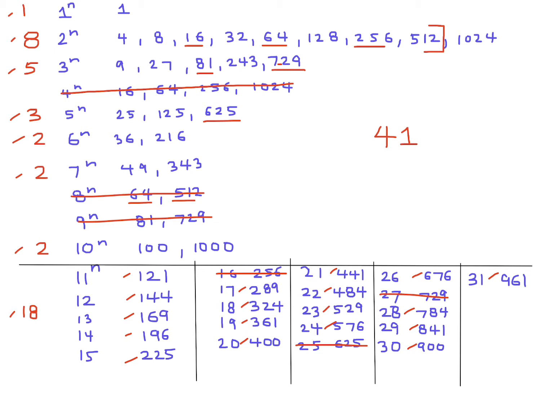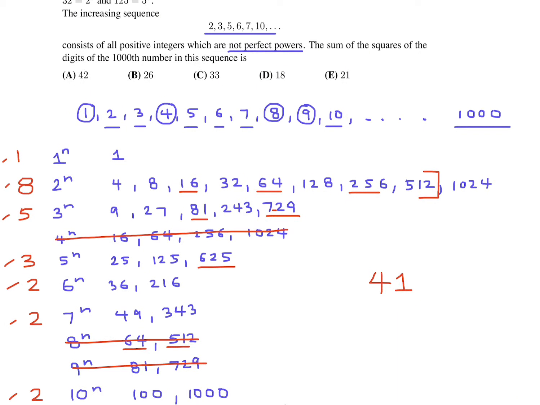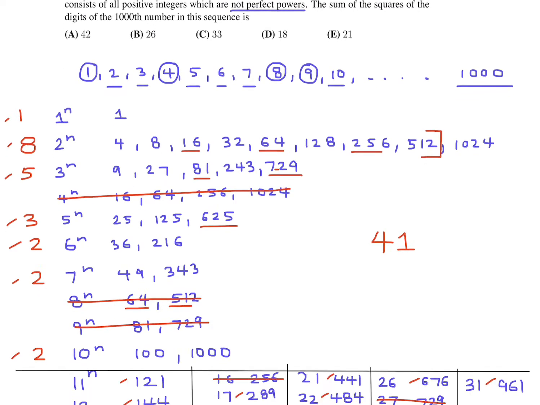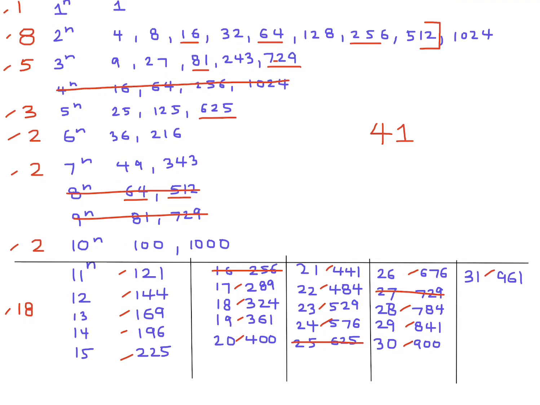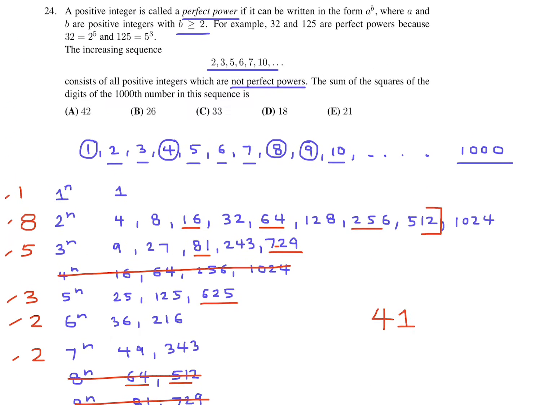I've got 41 numbers between 1 and 1,000 inclusive that I cannot use in this list right here, because we want only numbers that are not perfect powers. And what I just made, this big long list here, were perfect powers. All of these were perfect powers because they can all be written in the form a to the power of b.